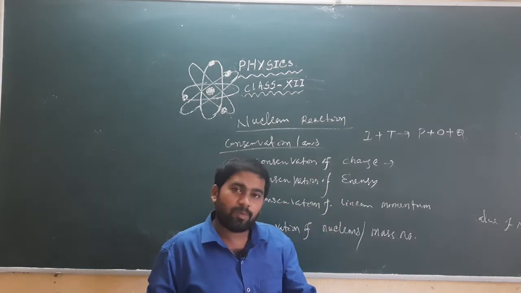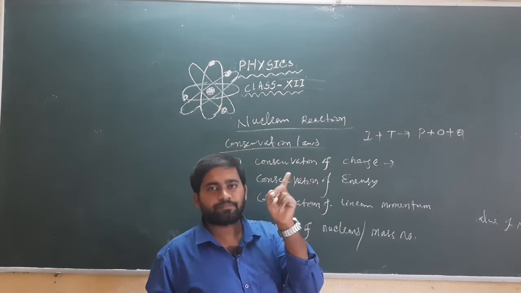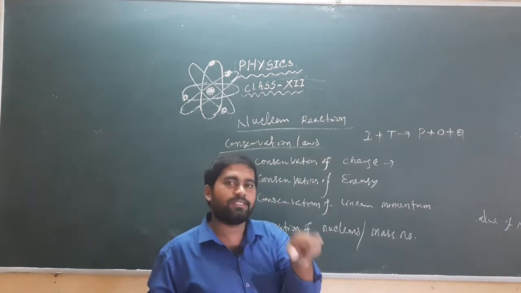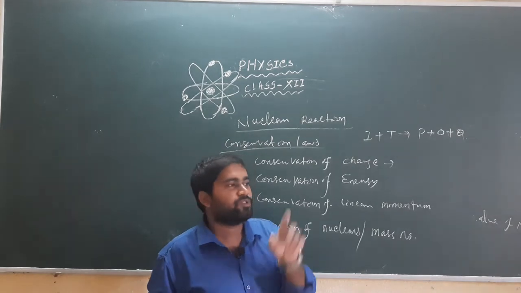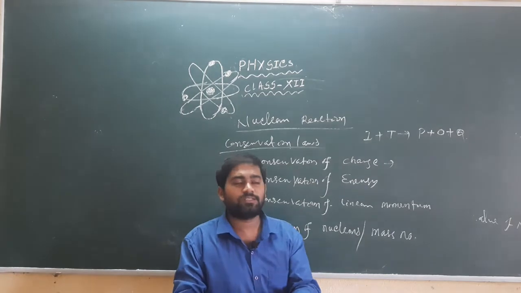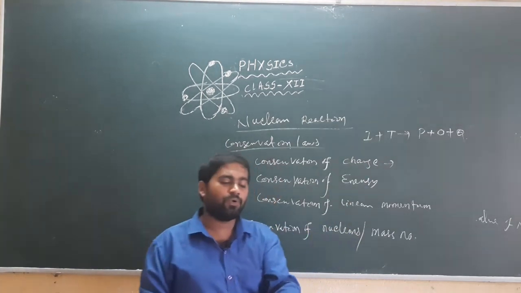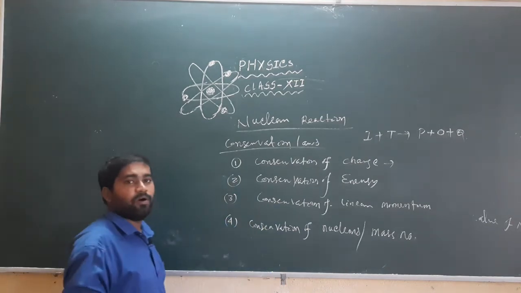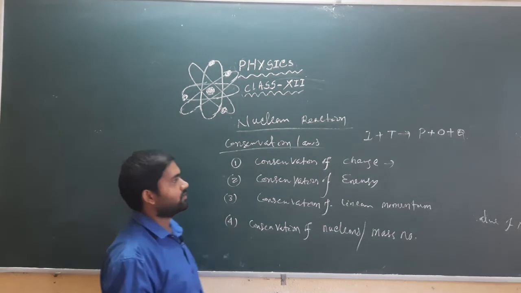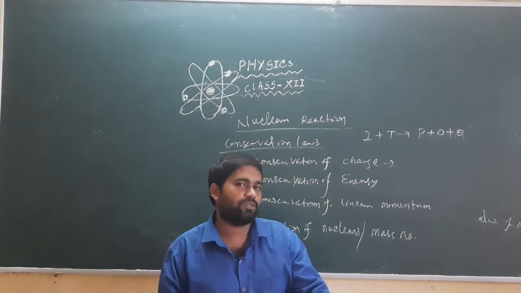The total linear momentum of the particles entering into a nuclear reaction, that is incident plus target, is equal to the total momentum of the product particles after the nuclear reaction.